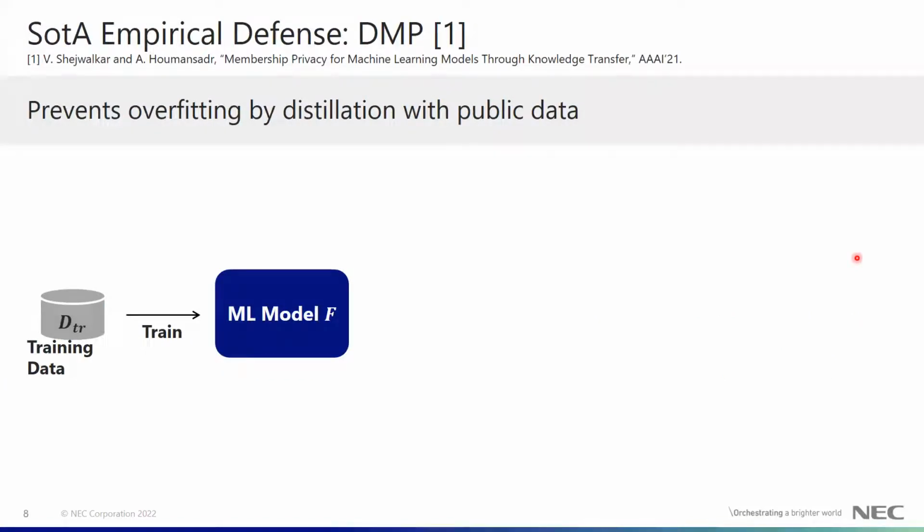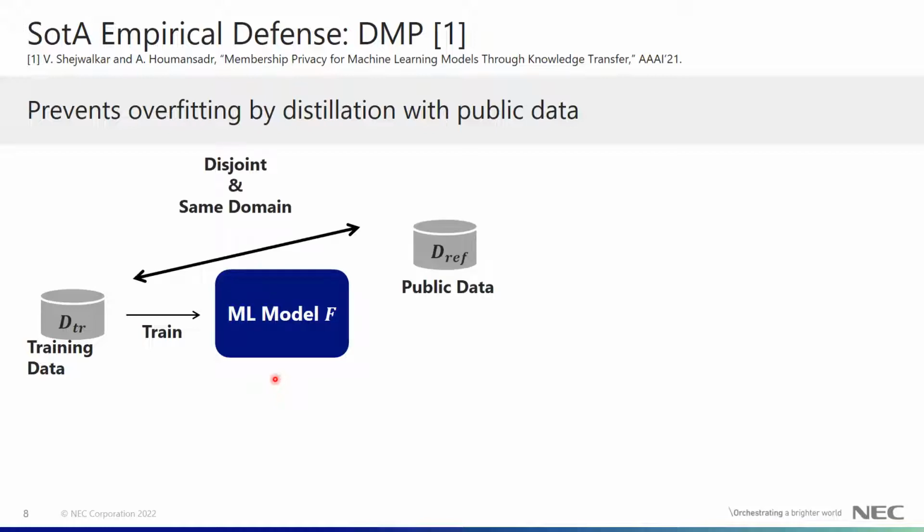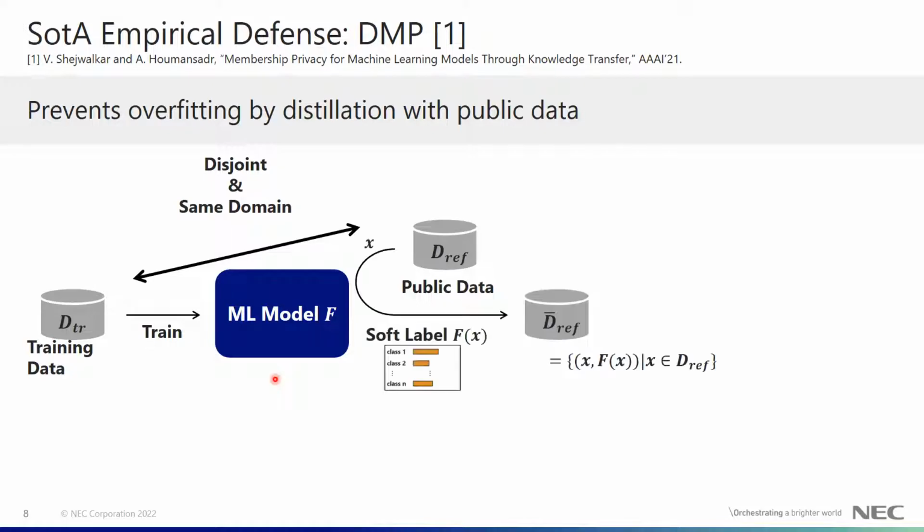State-of-the-art empirical defense prevents overfitting by distillation with public data. First, train a teacher model using private training data. Prepare another public data to obtain soft scores using that data.